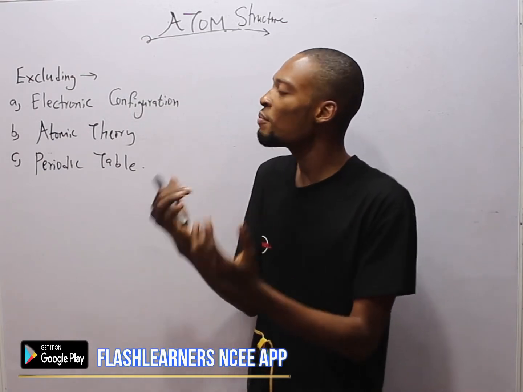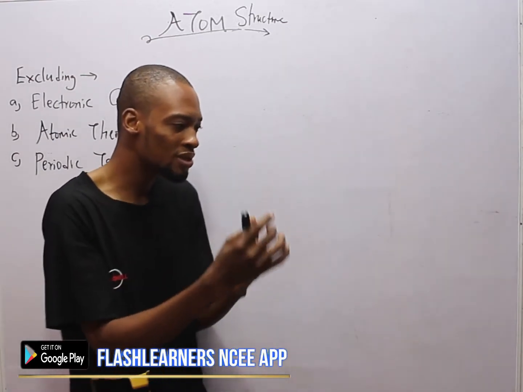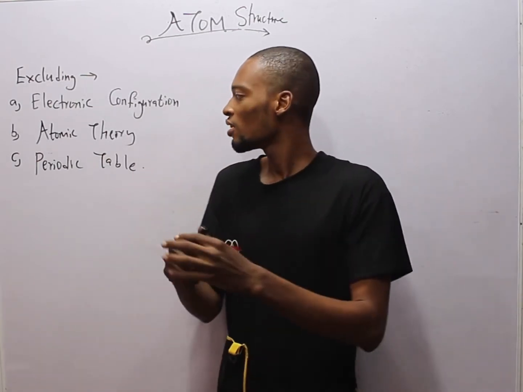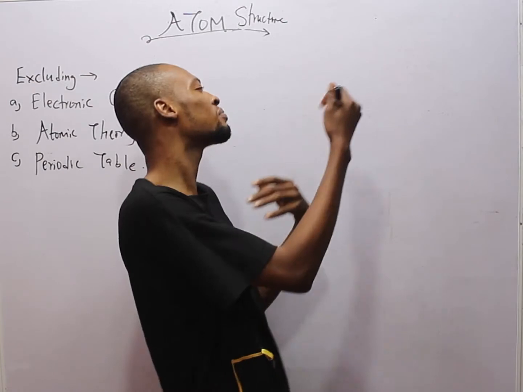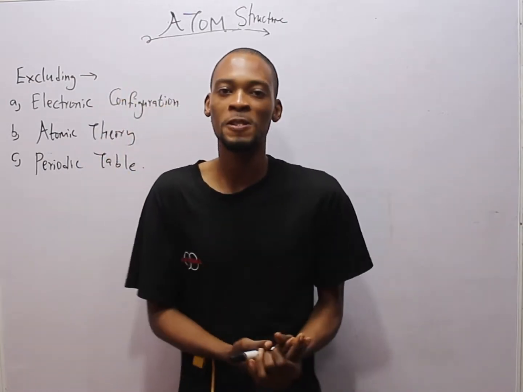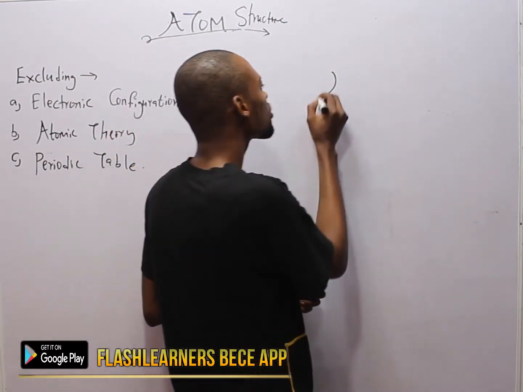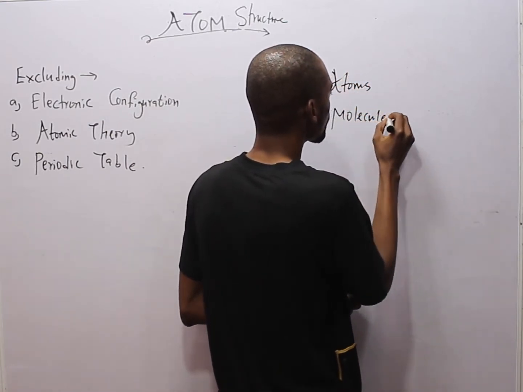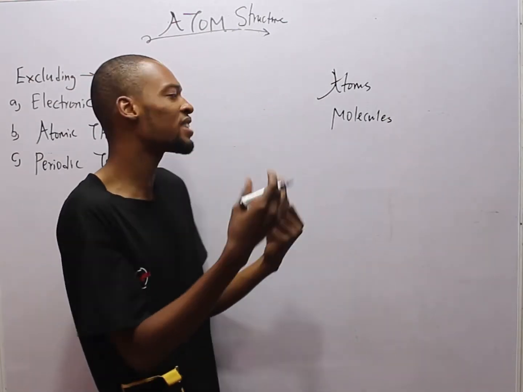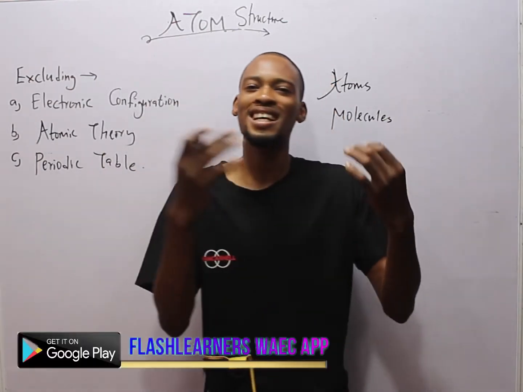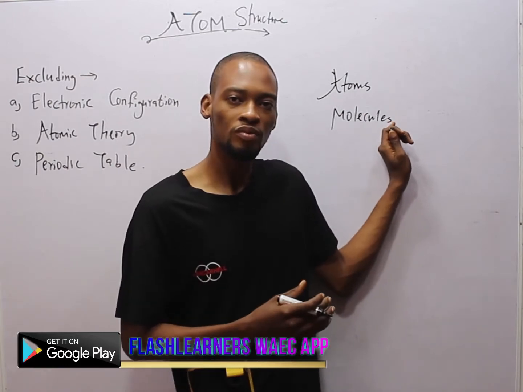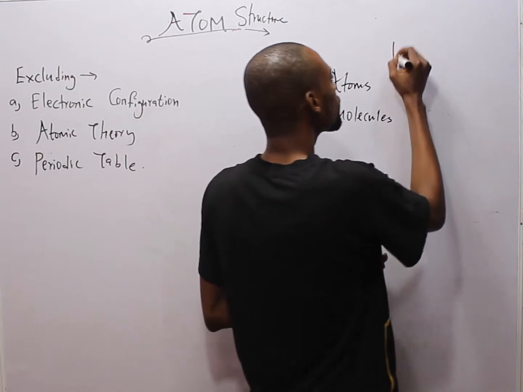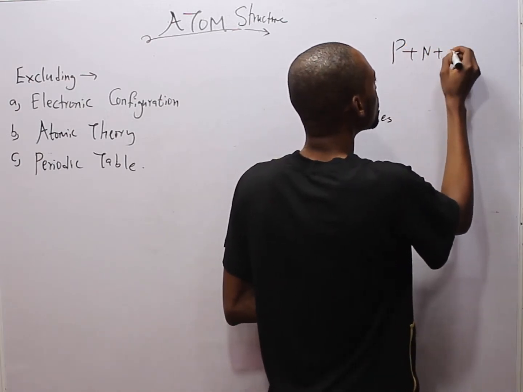Remember, chemistry is the study of the composition, properties, and uses of matter. Matter is anything that has mass and occupies space. Matter is made up of atoms and molecules. An atom is the smallest particle of a substance which can take part in chemical reaction. Atom has subatomic particles, proton plus neutron plus electron.